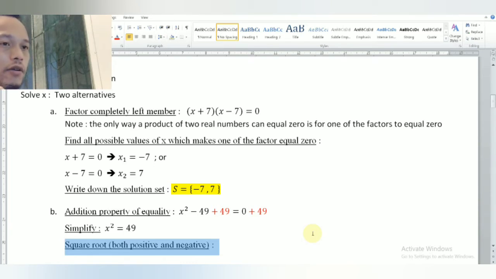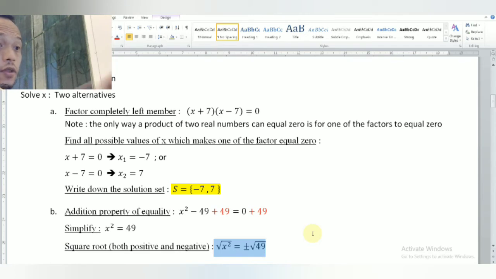If you are square rooting a statement like this, you need to present both positive and negative. Okay, so this is the statement. Square root the left side, it means I have to square root also the right member. By square rooting x squared, the square root cancels the square.